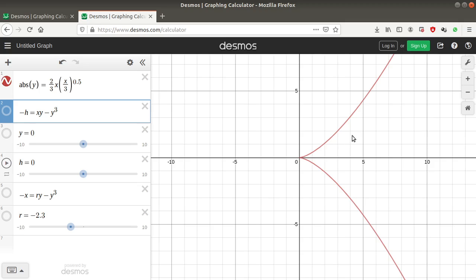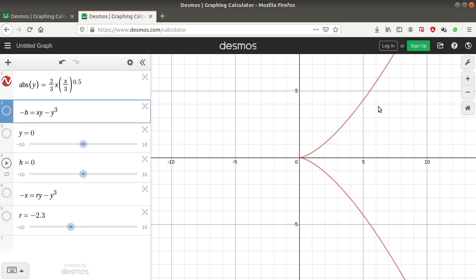Okay, let's say this is my h. So when h is equal to 0, my r value is positive. At that time it's just like a supercritical pitchfork bifurcation. At that time when r is positive, I will have three fixed points.